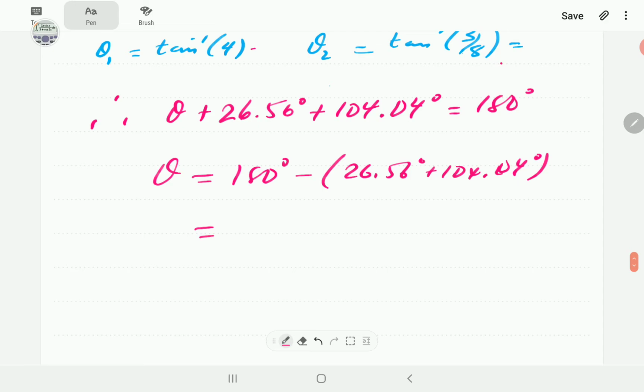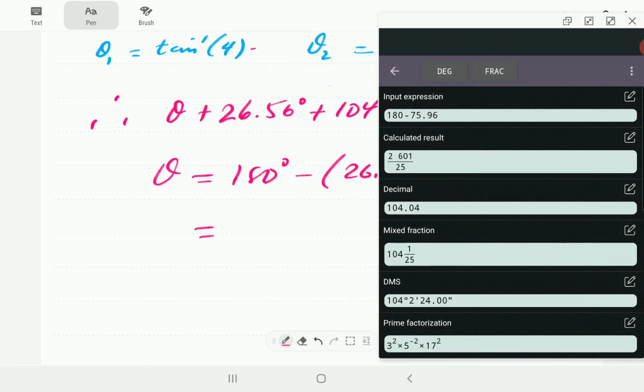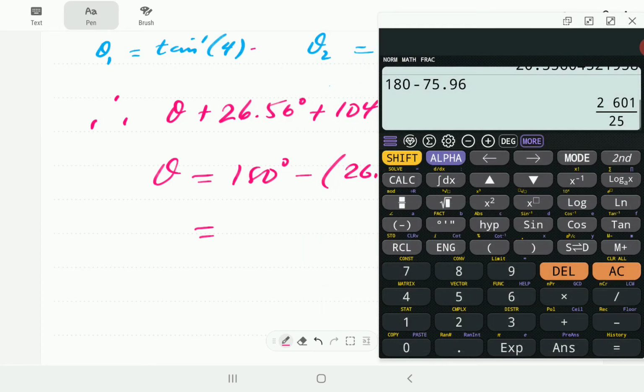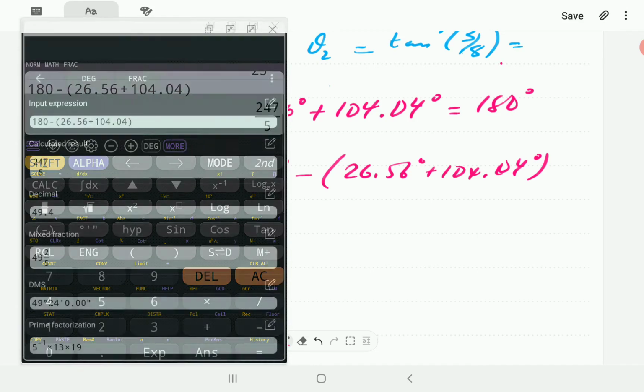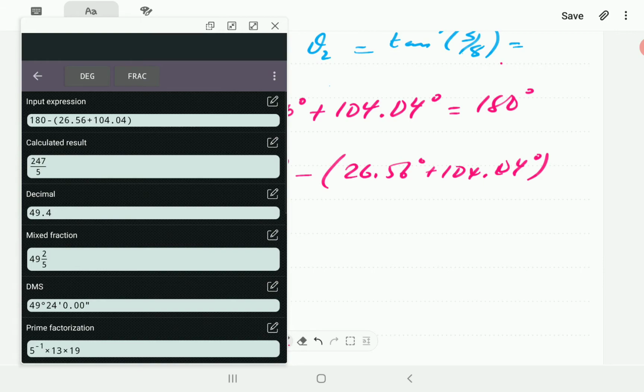We can punch this in the calculator: 180 minus (26.56 plus 104.04), equals.